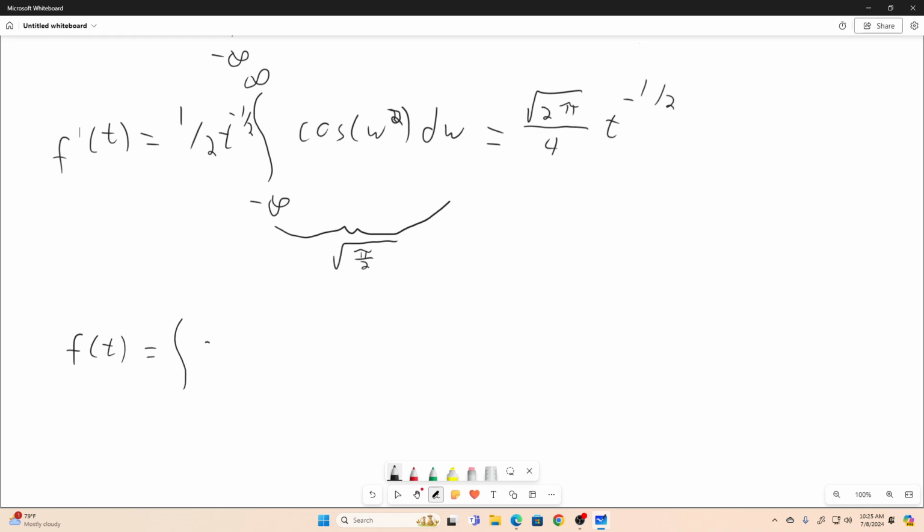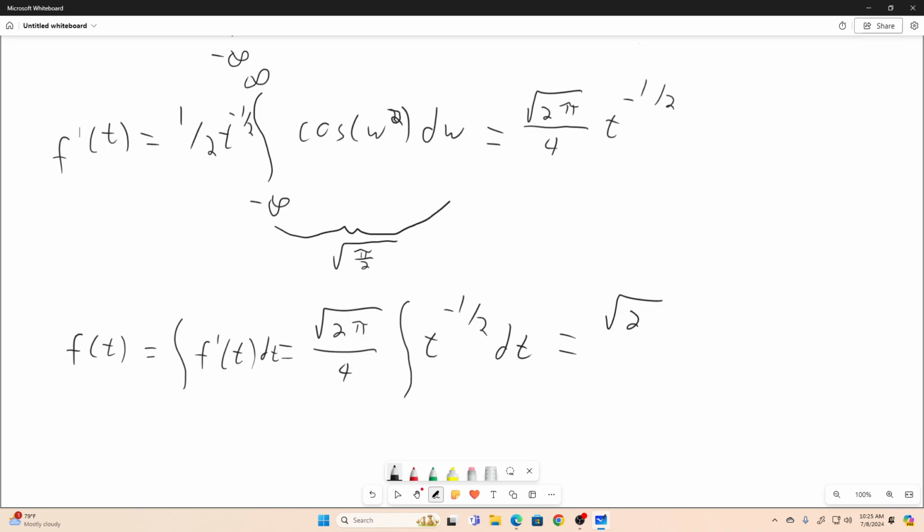This is the integral of f prime of t, which is the square root of 2 pi over 4 times the indefinite integral of t to the negative 1/2 dt, which is equal to, let's see, square root of 2 pi over 2 t to the 1/2 plus c. Don't forget, we did an indefinite integral, so we have to have a constant of integration.